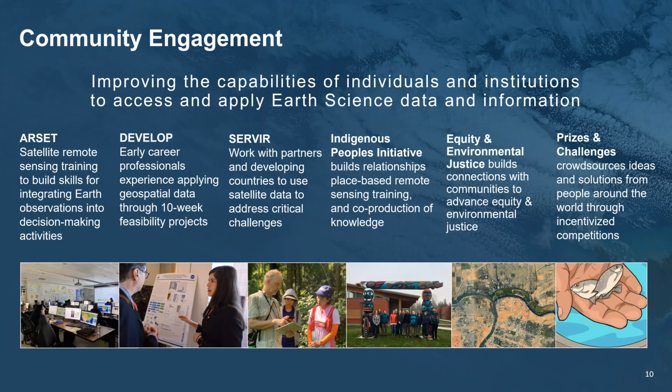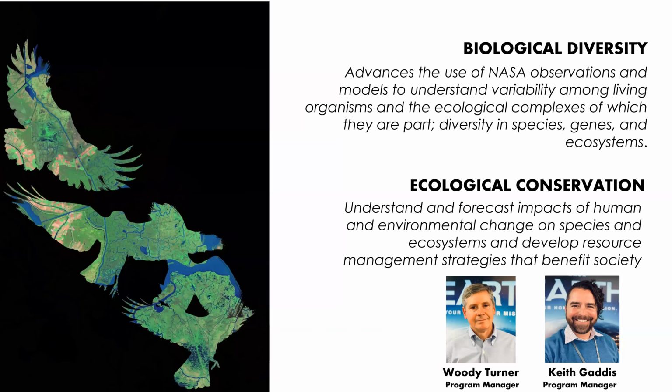So I'm going to start drilling down a little bit more into our programs having to do with biodiversity and ecological conservation. So we have two programs. Our biological diversity program is really on the research side, and it's using satellite imagery and other kinds of aircraft imagery and things like that to really understand biodiversity among living organisms.